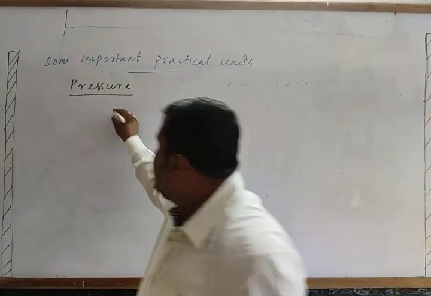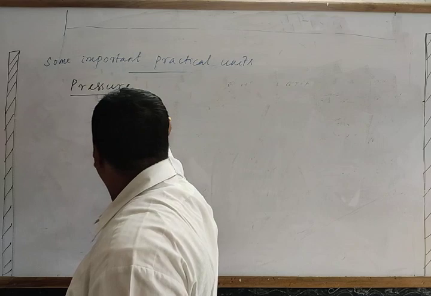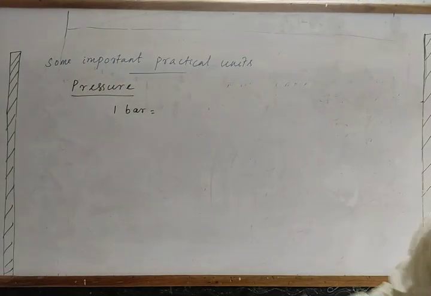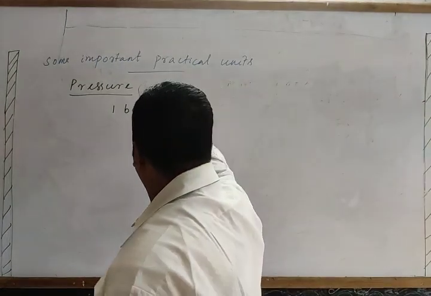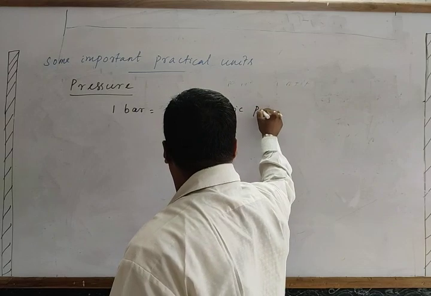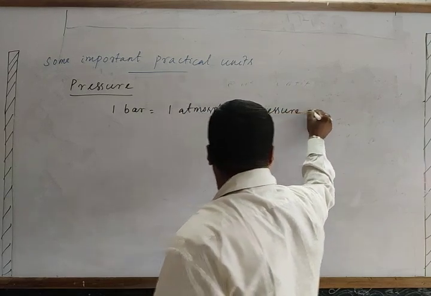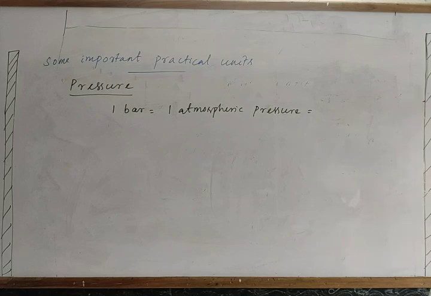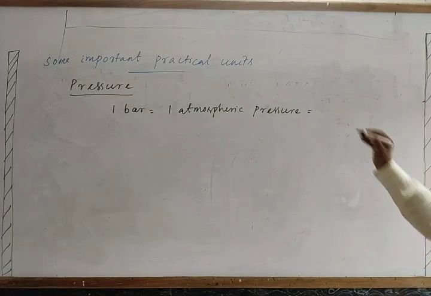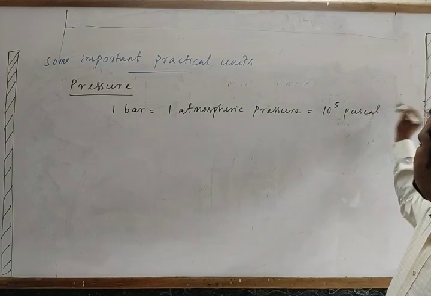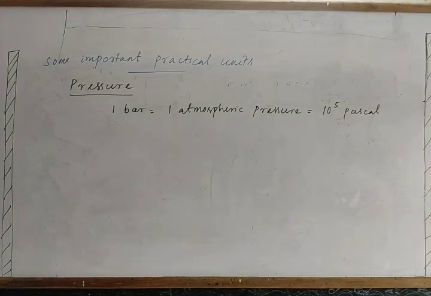But the other practical unit is 1 bar. Bar is used for measuring pressure. 1 bar is 1 atmospheric pressure, and it is equal to 10 to the power 5 Pascal, or simply Pa.